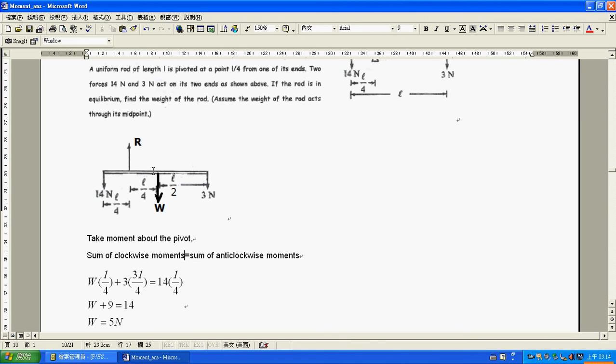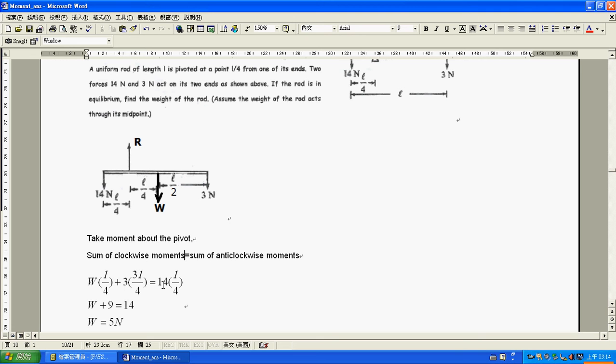Now the weight W is producing a clockwise moment, so its moment is W times L over 4, and the 3 newtons is also providing a clockwise moment, and its distance from the pivot is 3L over 4.